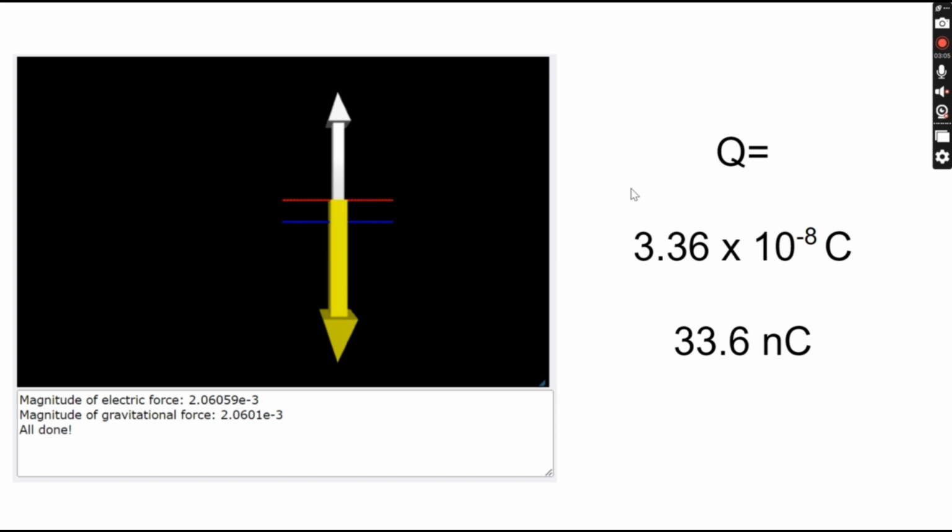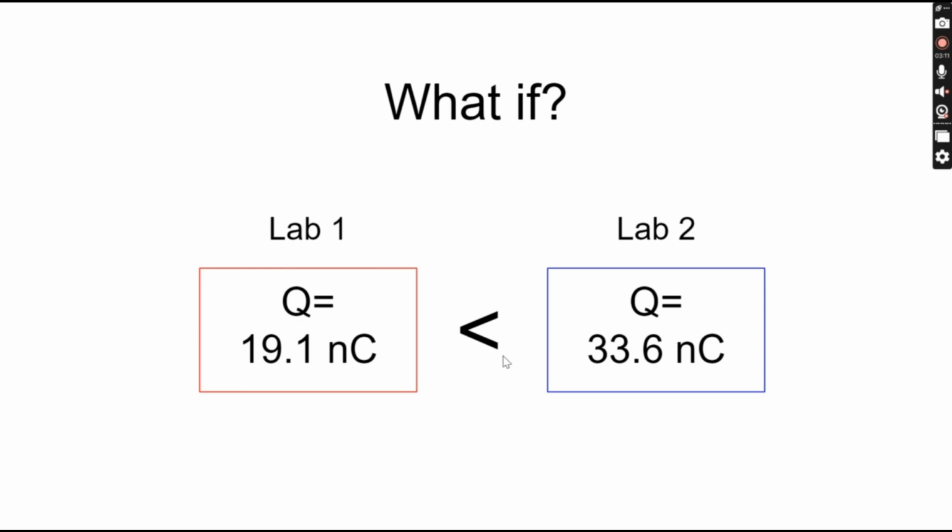And what's interesting about this outcome is this is actually more than what we estimated the charge would have to be for lab 1, where we assumed that each of the charged tapes was just a point particle.